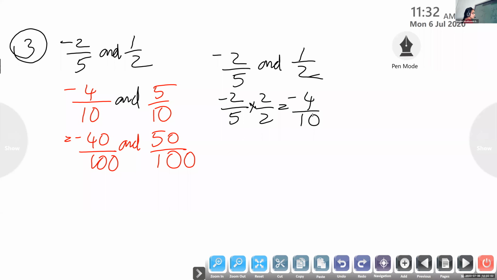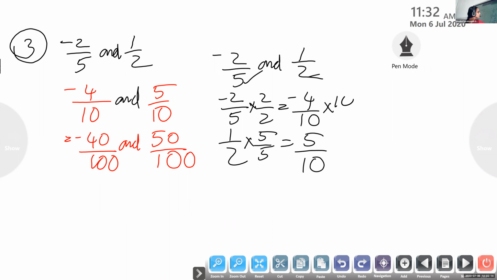Okay, Midun. 1 by 2, we will multiply by 5, both numerator and denominator, so 5 by 10. Again, we will multiply both numerator and denominator by 10, so negative 40 by 100 and 50 by 100. Understood? Yes. Now you can write.